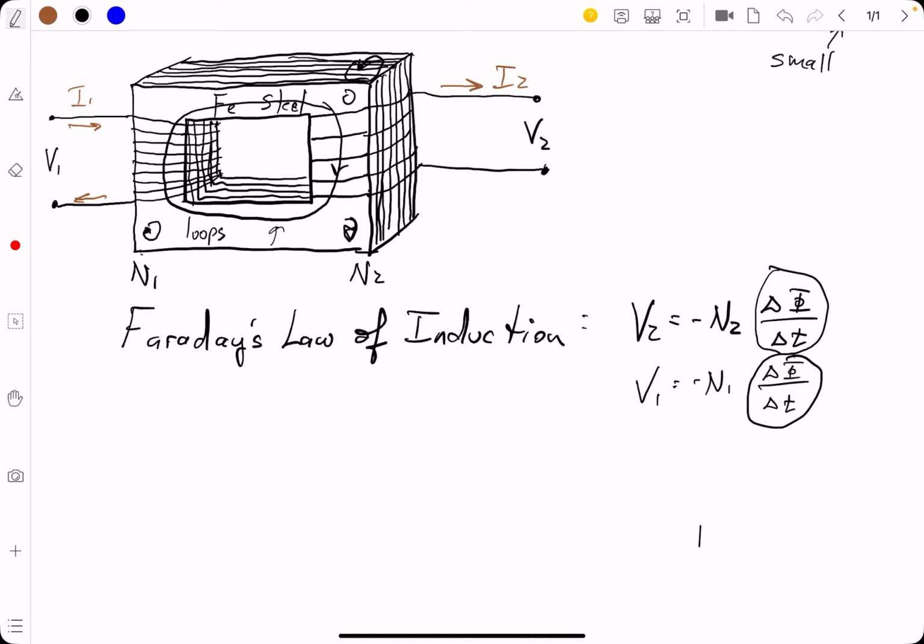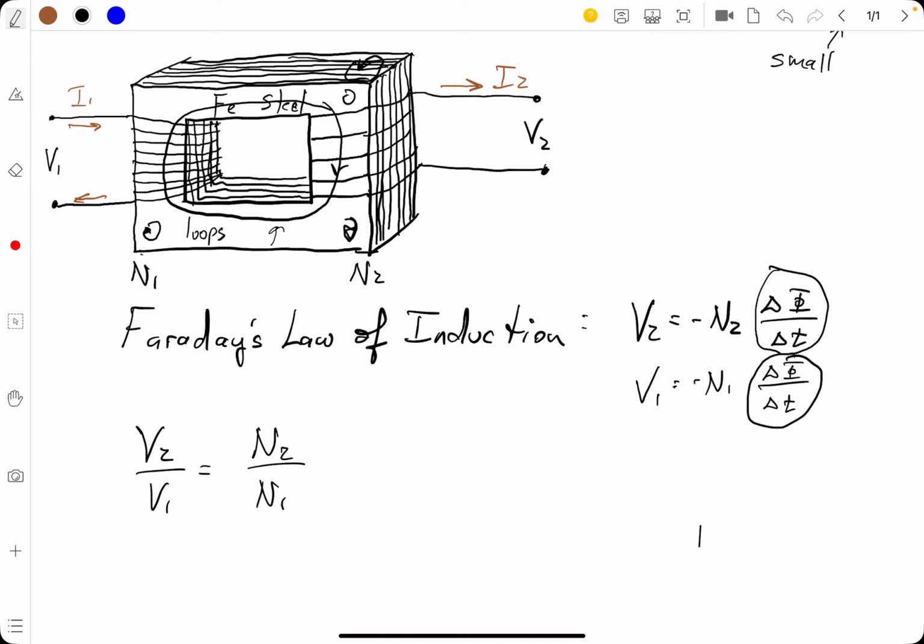So now we can do something pretty neat, and we can say that V2 over V1 is equal to N2 over N1. So all it matters is the number of loops that we have wrapped around this thing. That's why I put a different number.